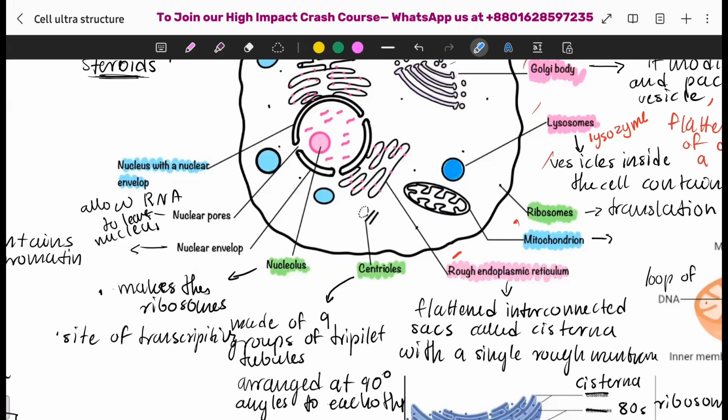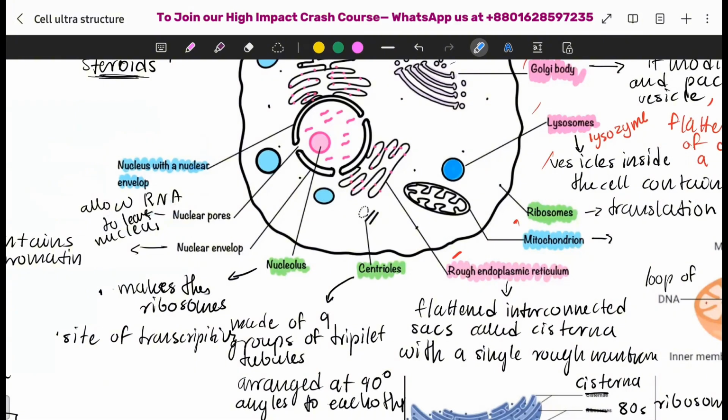Remember the diagram that I drew here; it will have microtubules like this. So there will be 9 triplets, 9 times 3. I don't have space, but like this, there will be 3 times 9 microtubules.